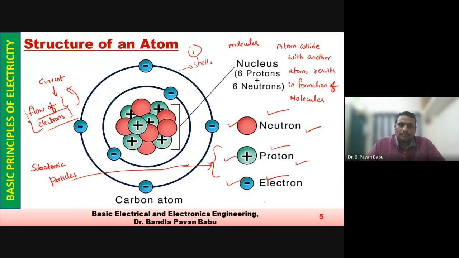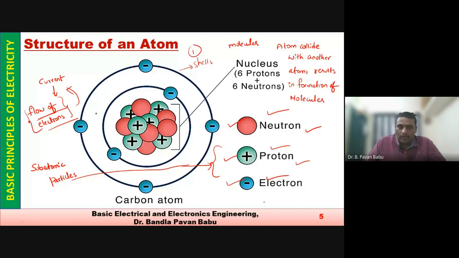Then what about these protons and neutrons? Why do we call only the flow of electrons the current, and why is the flow of protons not called the current? It is also accepted, but the majority charge carriers are electrons. So once again I repeat: a conducting material has atoms consisting of protons, electrons, and neutrons, and the majority charge carriers are electrons.